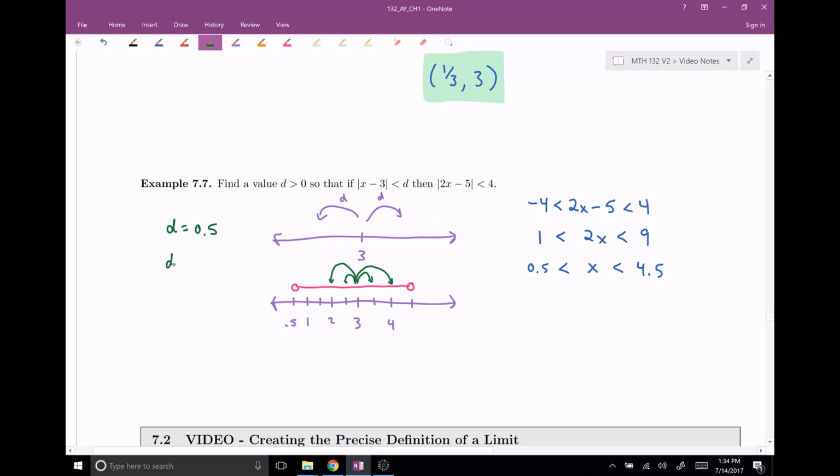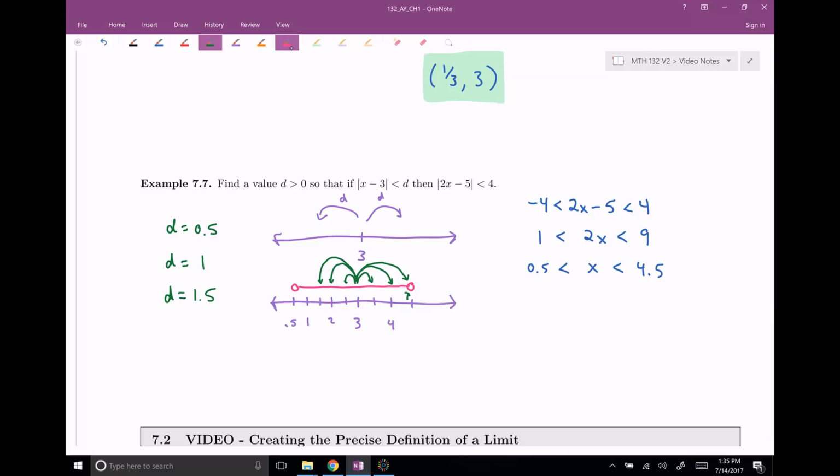So d equaling 1 would also work. Now, how about d equaling 1.5? Well, you have to be a little bit worried, right? To the left, you're okay, but to the right, you'd be hitting this open dot right here. But luckily, remember that we're less than distance d away from 3. So actually, d equaling 1.5 would also work. All of these would work.